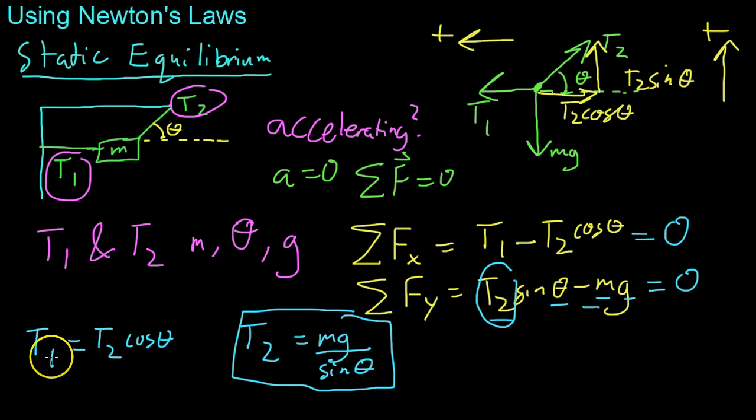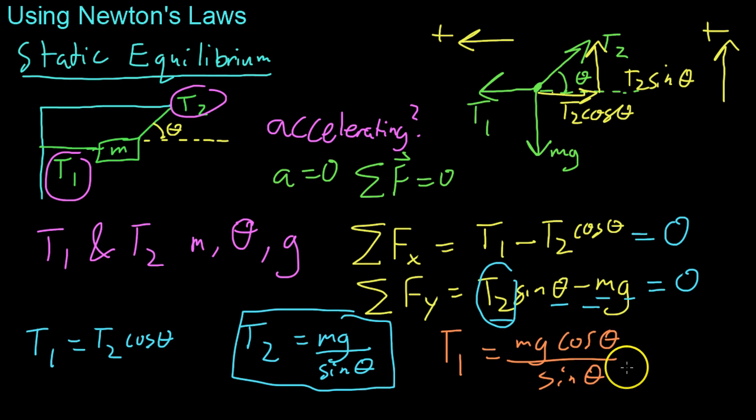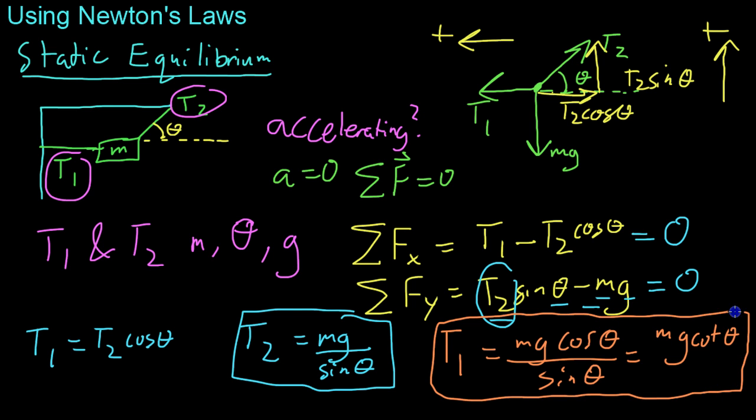And then because T1 equals T2 times cosine theta, we get that T1 equals mg cosine theta over sine theta. But from trig, we know that cosine theta over sine theta is cotangent theta, so this becomes mg cotangent theta. And that's how you solve a static equilibrium problem.